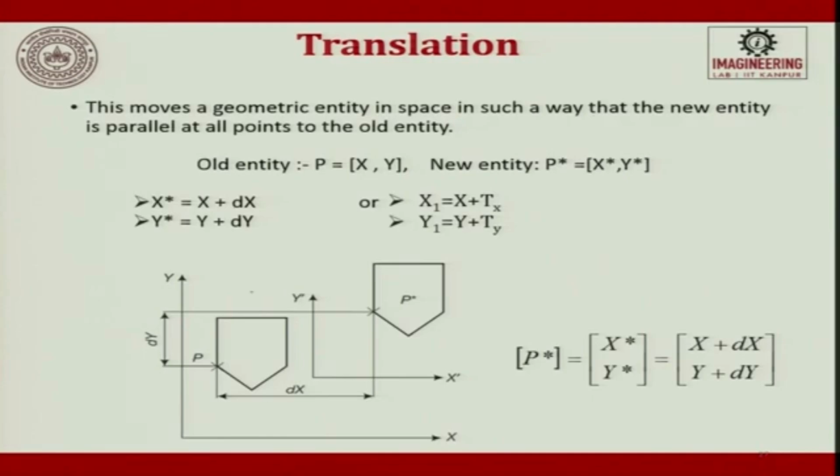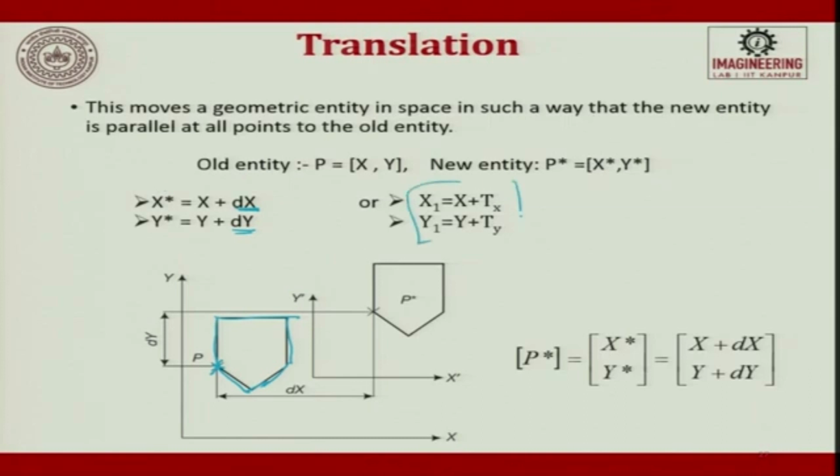Here we have taken an object, a full object, maybe a pencil or an inverted hut, whatever, in 2D. Now I take this as a reference point and move by delta x in the x direction and delta y in the y direction. So I use a transformation matrix.